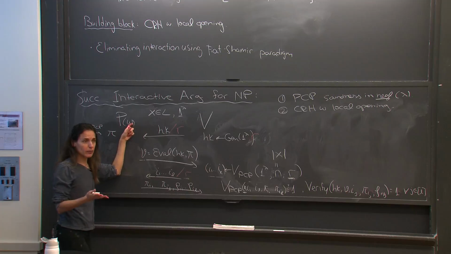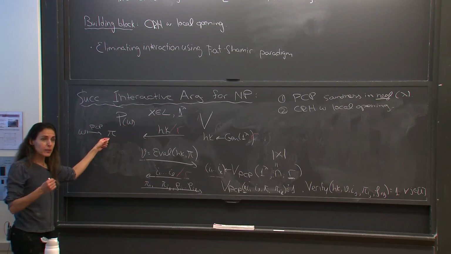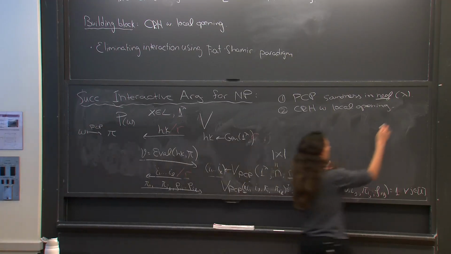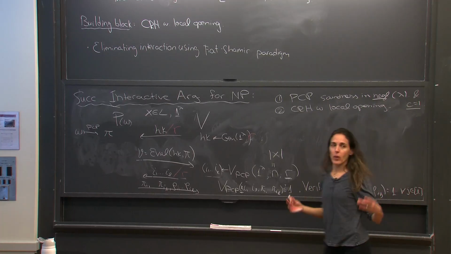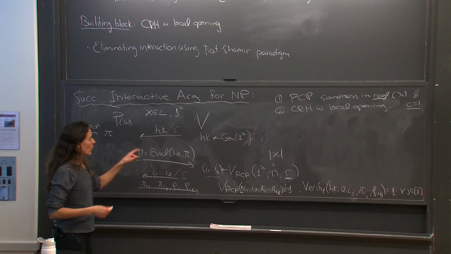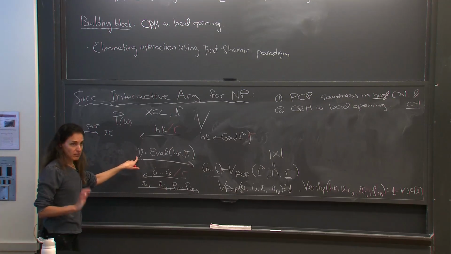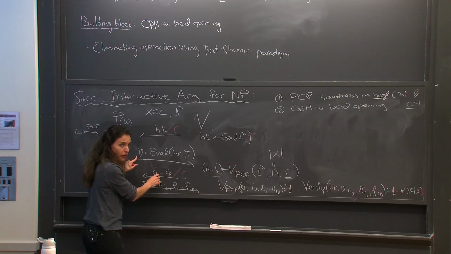Why is he going to be accepted? Well, let's see what he does. He chooses a PCP. The PCP, let's say, has completeness 1. That's my assumption: soundness negligible and completeness 1. Otherwise, the completeness is like the completeness of the PCP. So he chooses a PCP, he hashes it. Now he gets PCP queries from the verifier.